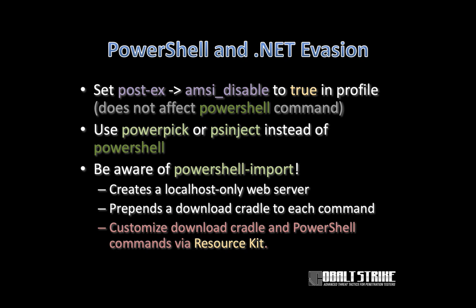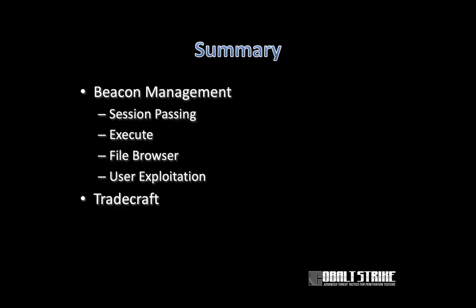And that download cradle is something like New-Object Net.WebClient, DownloadString to get the script, passed to Invoke-Expression, IEX. Be aware this is a detection opportunity. You can customize this process by changing the download cradle and the shape of the PowerShell commands with the resource kit. So just be aware of that with regards to PowerShell import.